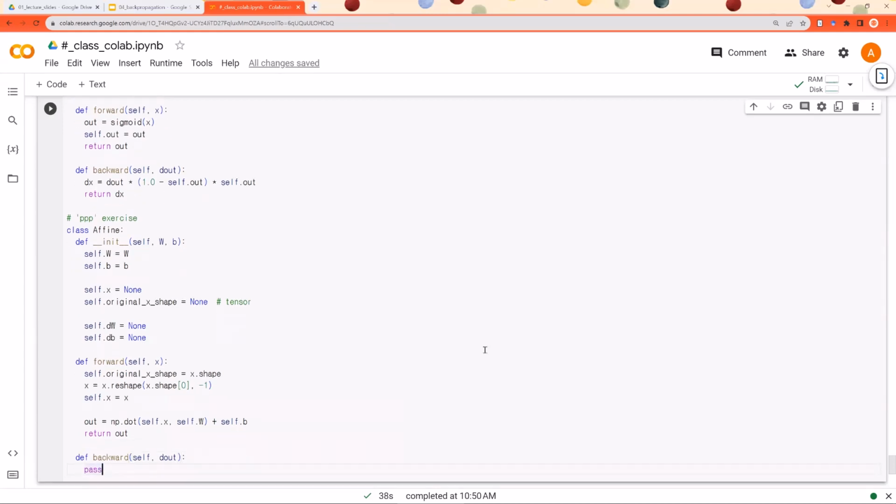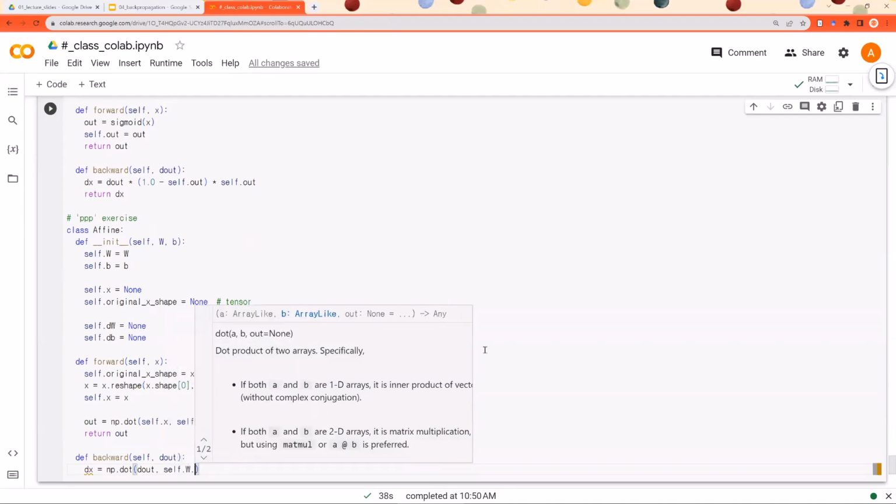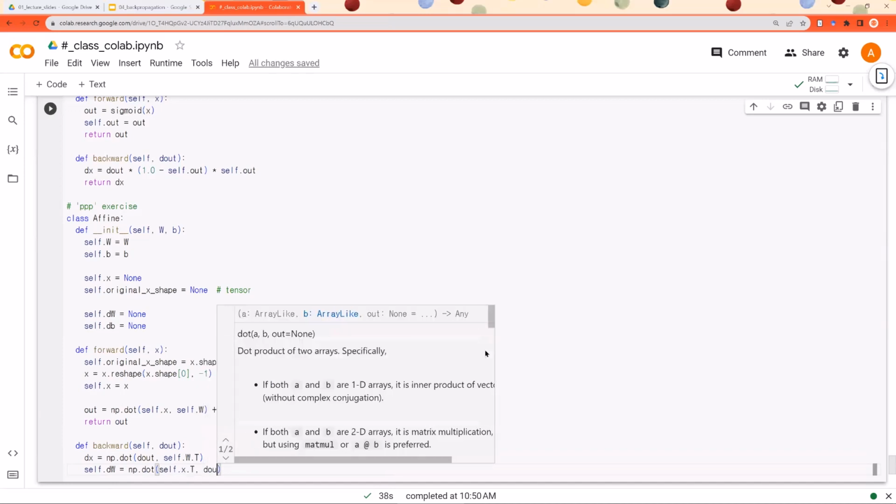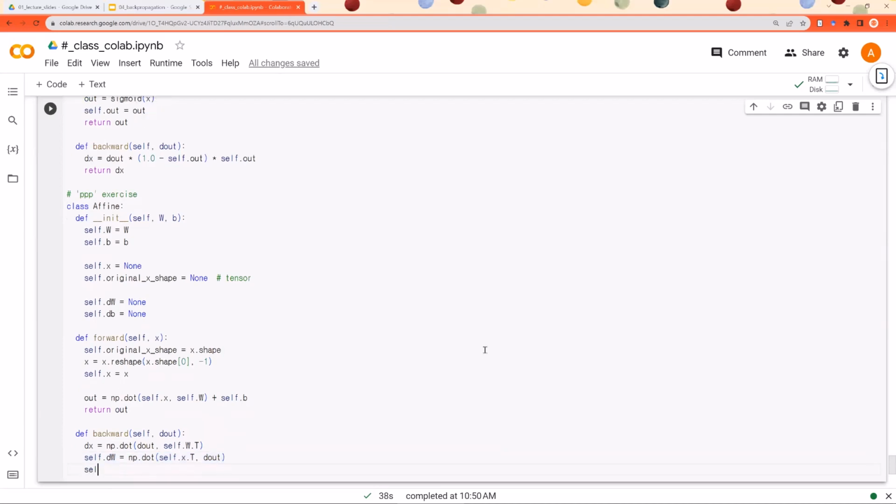In the backward step, first we need to calculate dx, which is np dot the upstream gradient and the transpose of w. And we're going to store dw as np dot self x transpose times dout. So we know this. And self db is going to be np sum dout with axis 0.